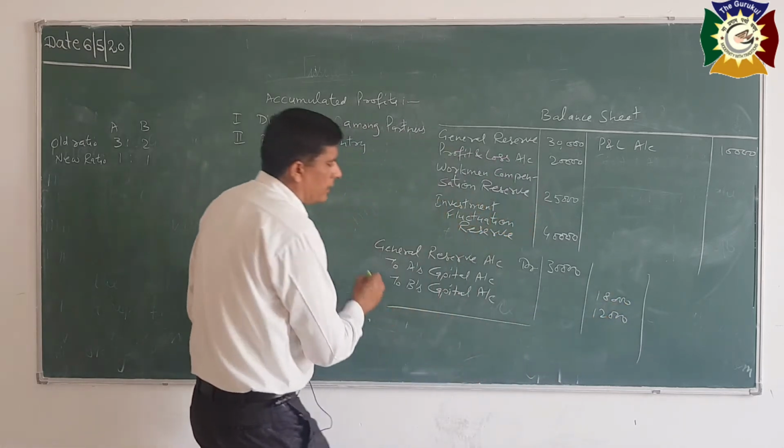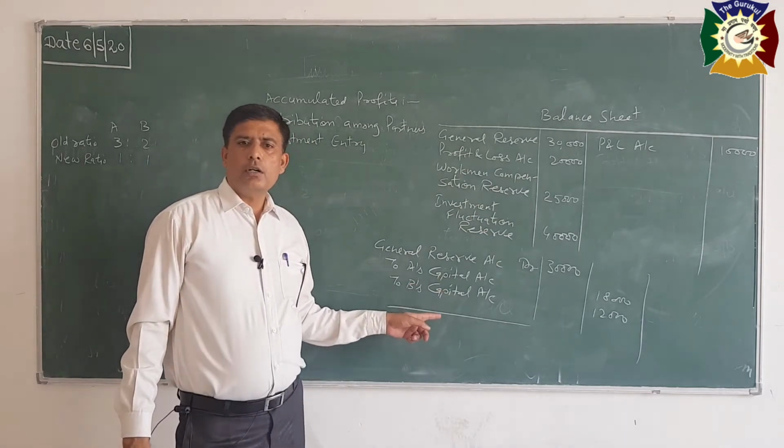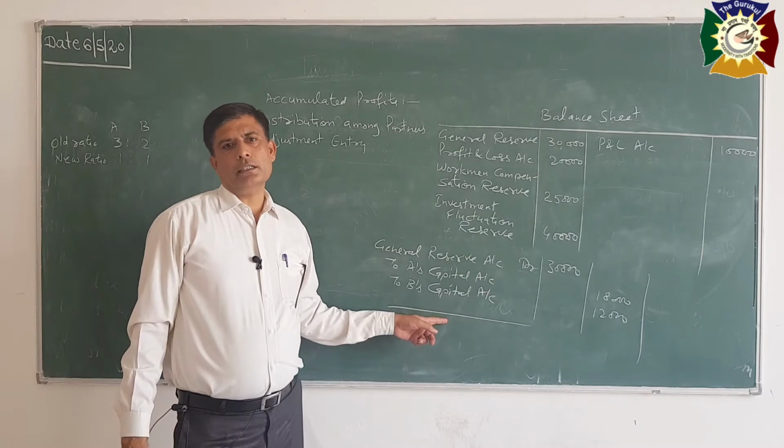And also write the narration, distribution of general reserve in old profit sharing ratio.